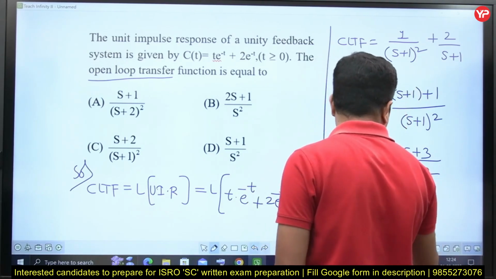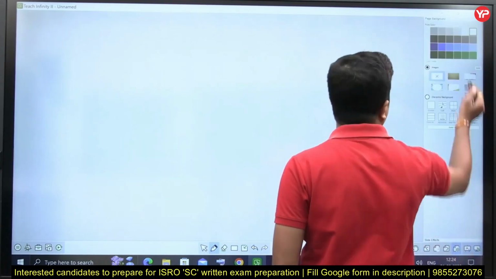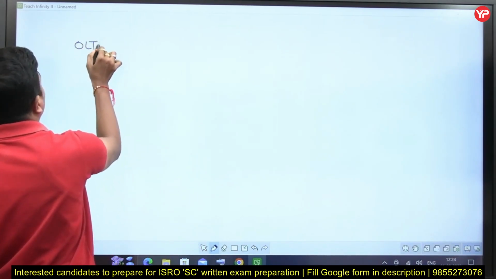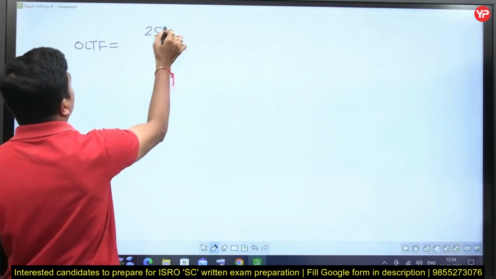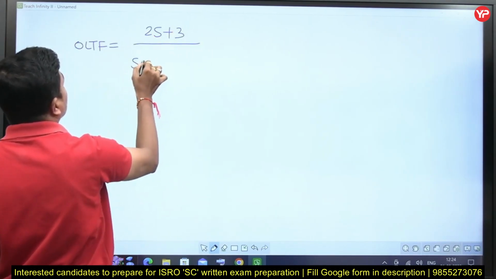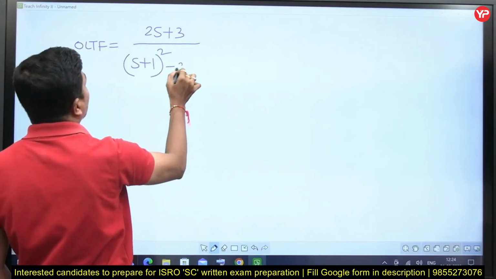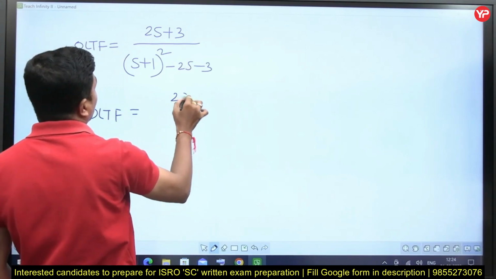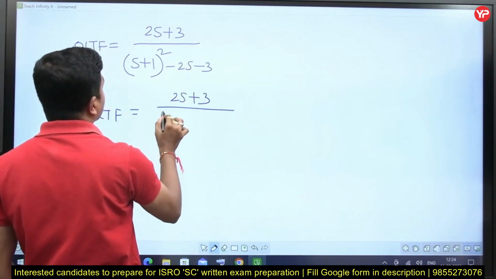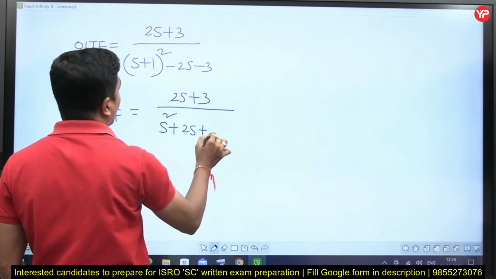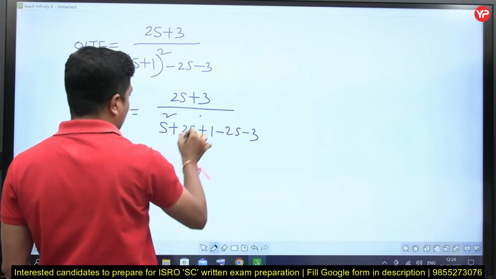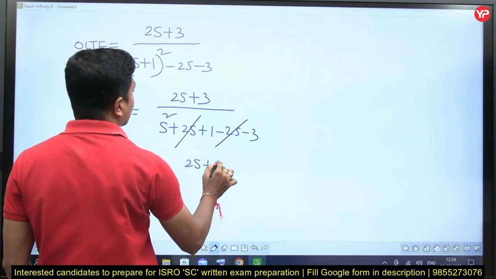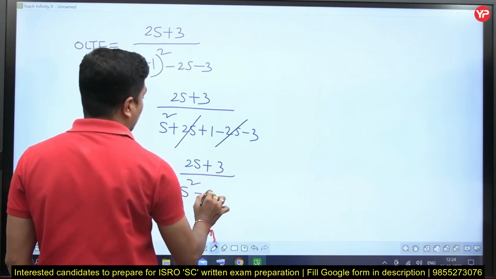So OLTF is equal to 2s plus 3 by s plus 1 whole square minus 2s minus 3. So OLTF is equal to 2s plus 3 by s square plus 2s plus 1 minus 2s minus 3. This 2s is gone. So OLTF is equal to 2s plus 3 by s square minus 2.